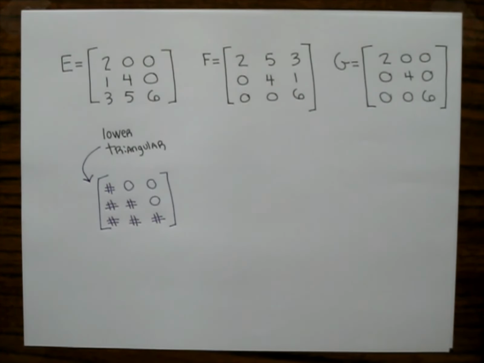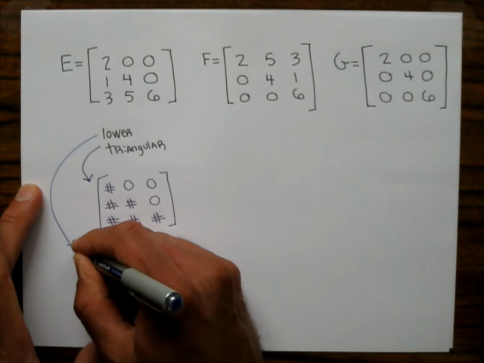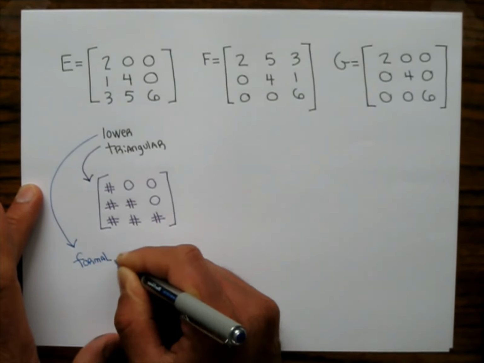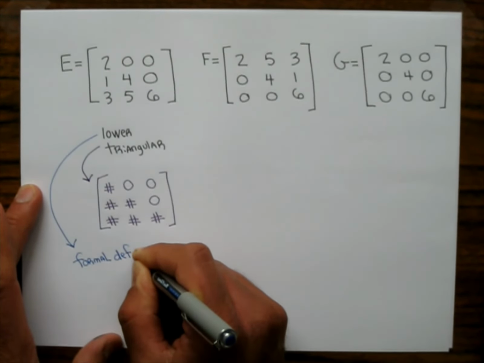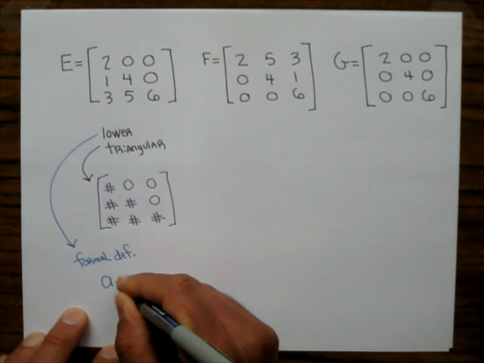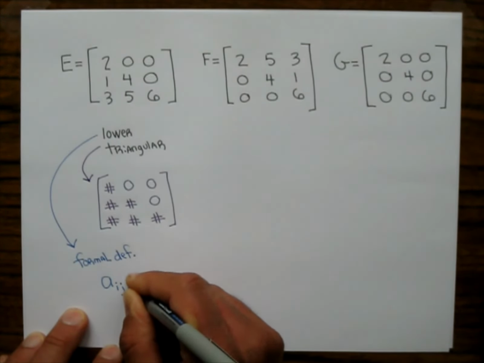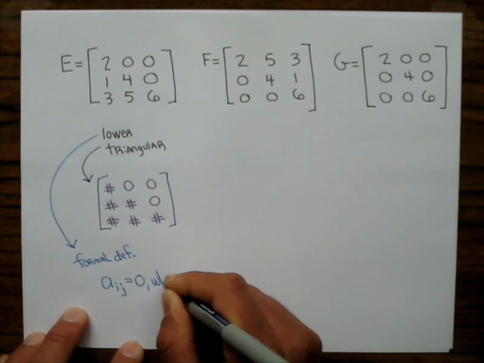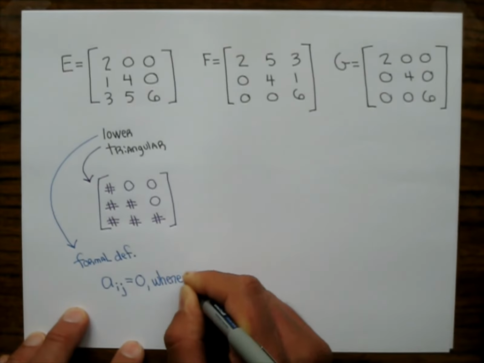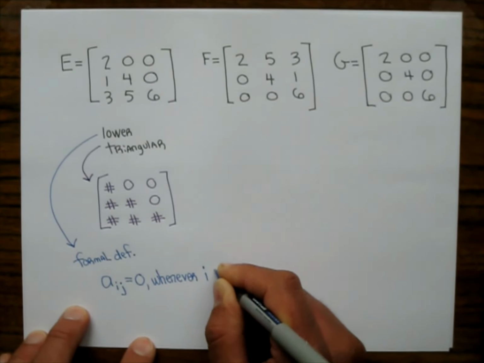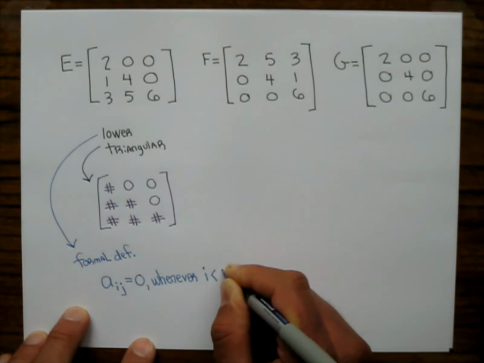The formal definition, and some of you really don't want to see this. The formal definition of a lower triangular matrix would be this: a_ij equals 0 whenever i is less than j.